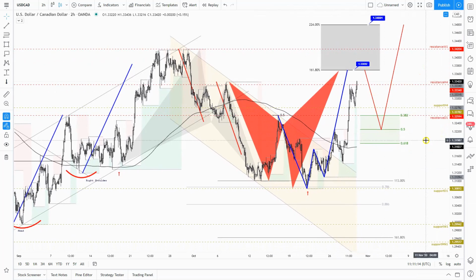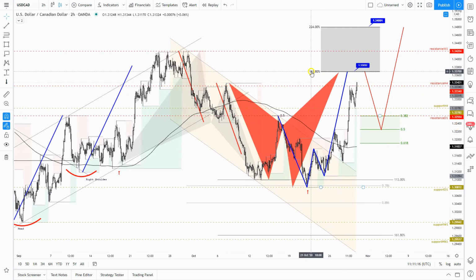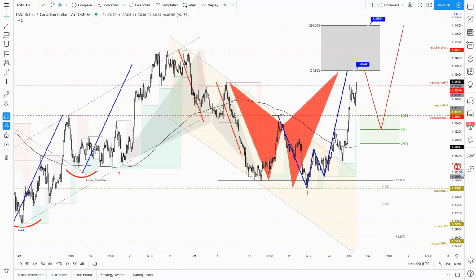So at some point it makes sense to see, okay, those ratios synced with the previous structure support levels or resistance levels. It makes sense, okay?